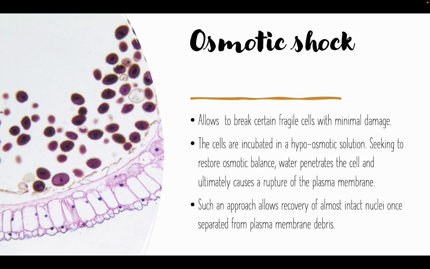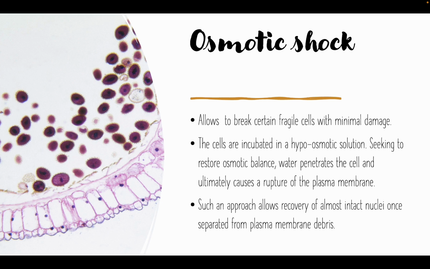Cells try to balance the amount of stuff inside and outside, so they take in water. Too much water causes the cell's outer layer to burst, like a balloon popping. This helps us get nearly perfect cell centers, nuclei, without the outer cell cover.